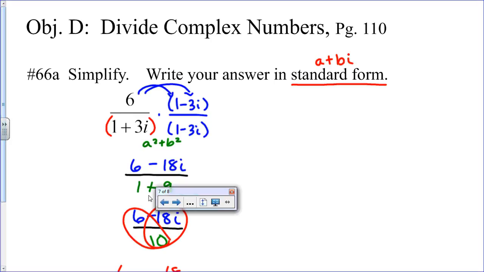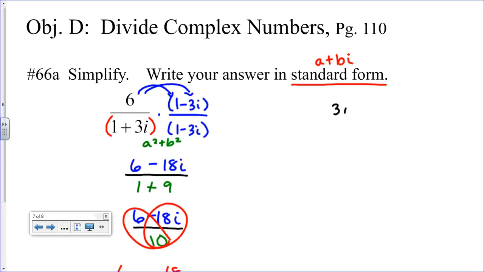All right, let's practice another one. What's the conjugate that I use? 2 plus 5i.